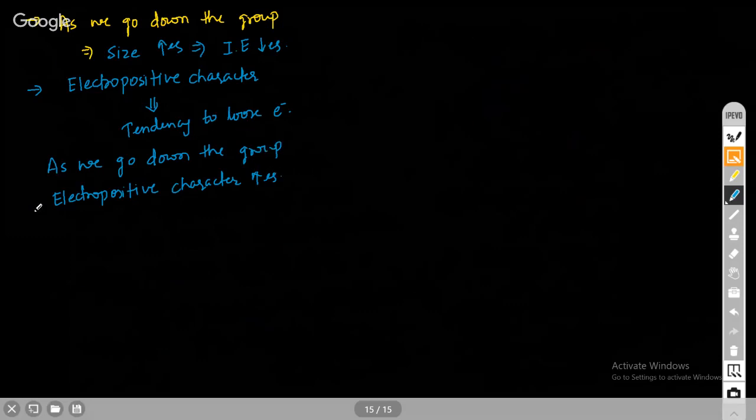And this is nothing but the metallic character also. Tendency to lose an electron is nothing but electropositive and metallic character. So metallic character also increases as we go down the group.